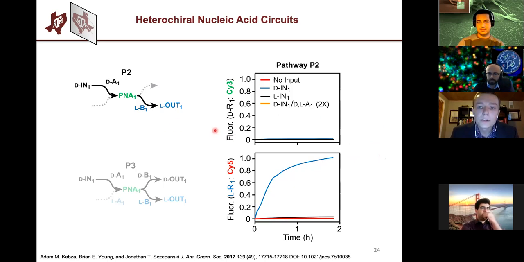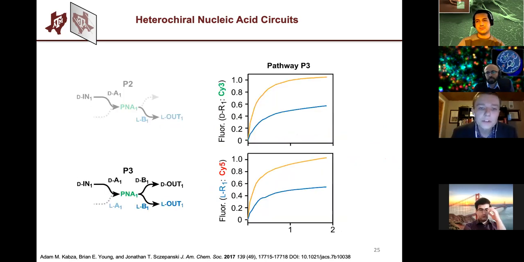And so you can see here the Psi3 or the D reporter is never activated at all. In fact, there's even very little leak in this circuit. Whereas the L reporter, because the LB1 duplex is present, obtains full signal over the course of about 2 hours. And we show the same in the inverted stereochemistry.